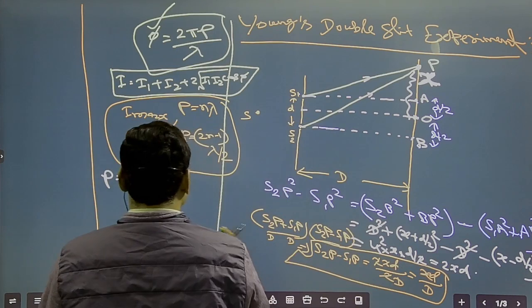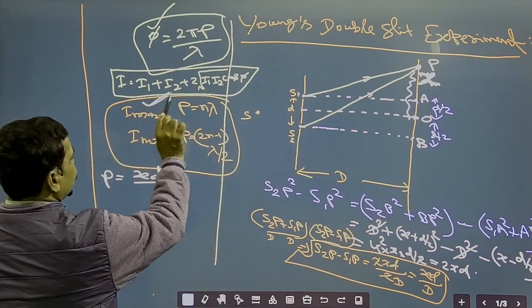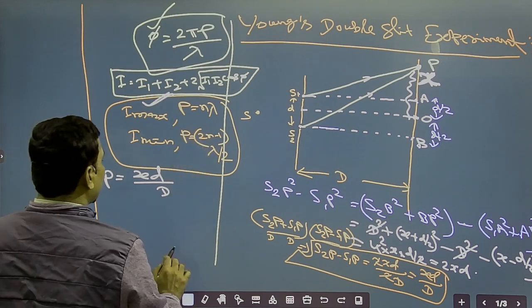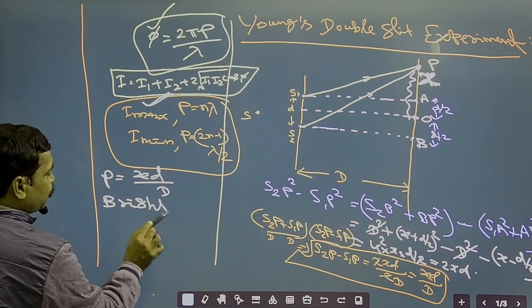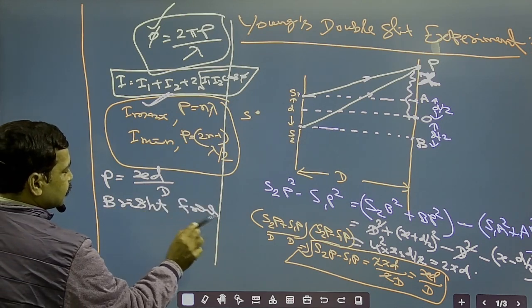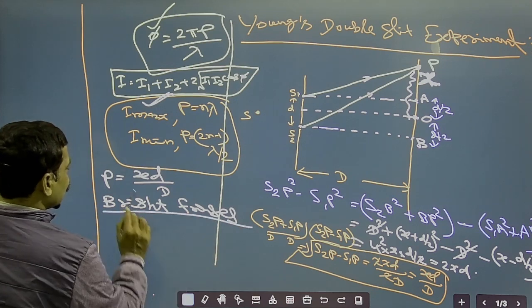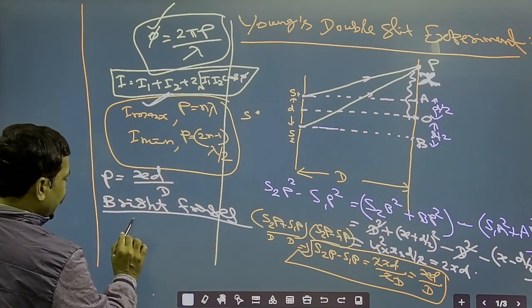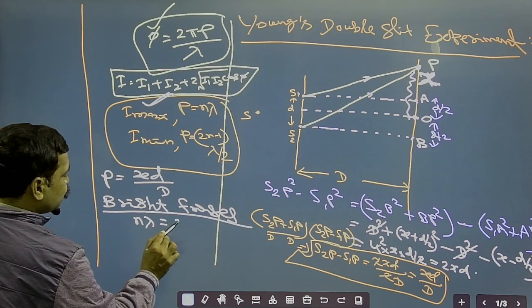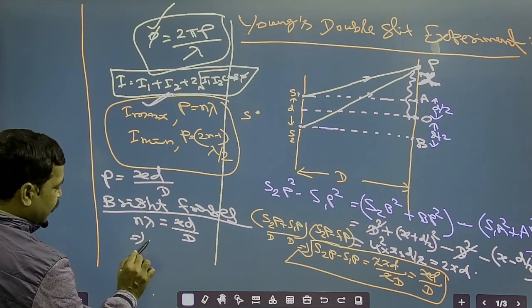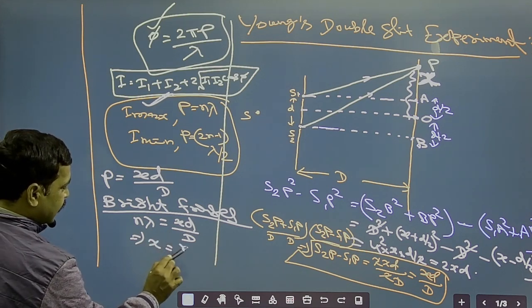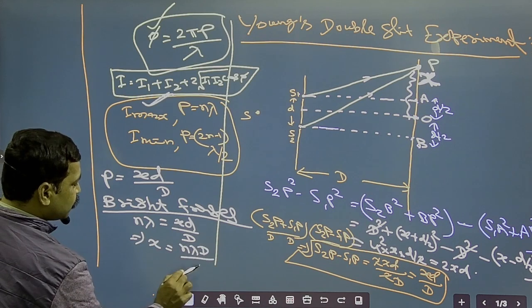We know that for the intensity to be maximum, the path difference p should be equal to n lambda. These conditions are applied for bright fringes. So n lambda is equal to xd upon D, and here we get x equal to n lambda D upon d.